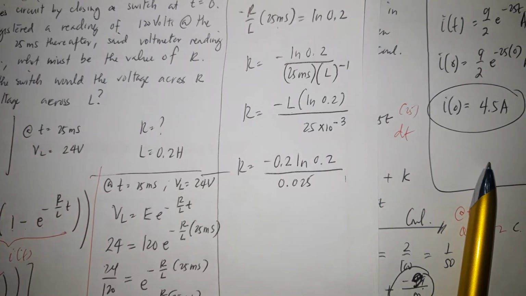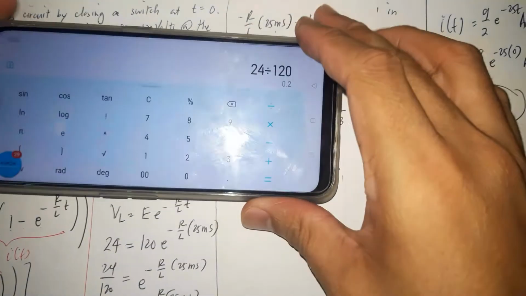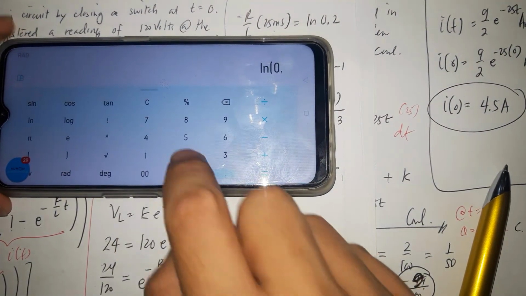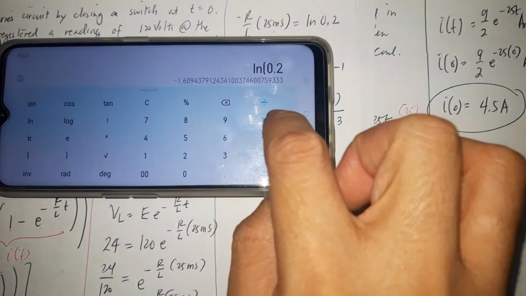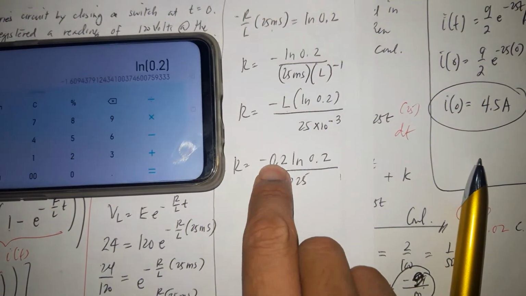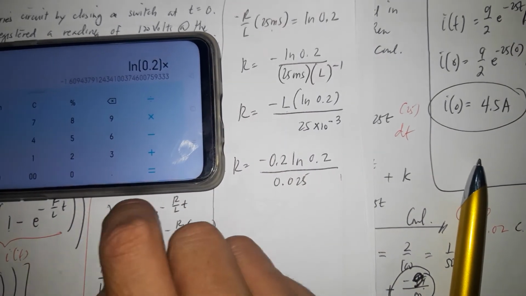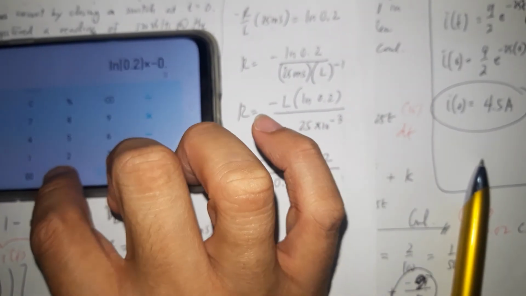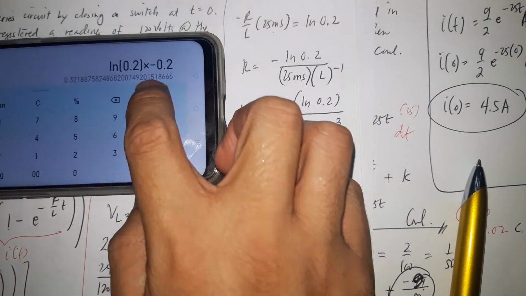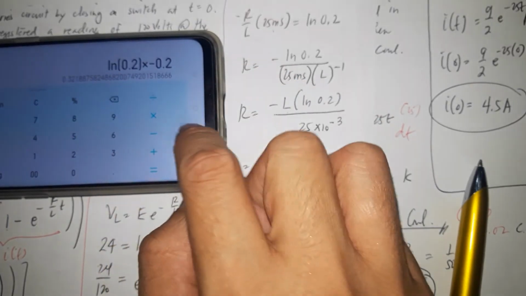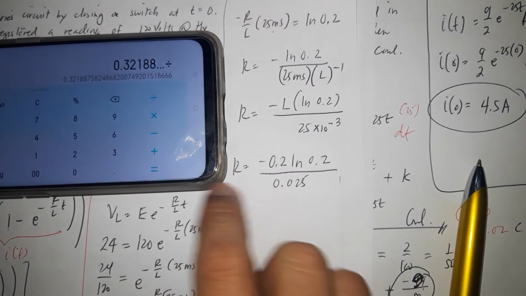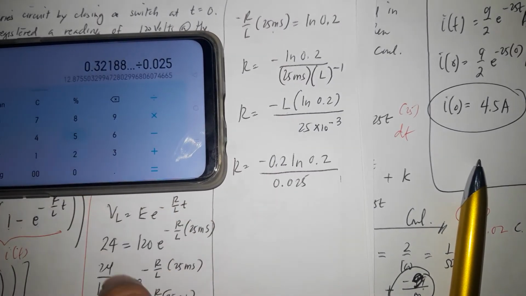So this is ln of 0.2, multiplied by negative 0.2, which is equal to 0.32, divided by 0.025.